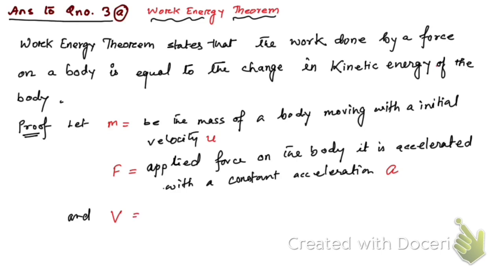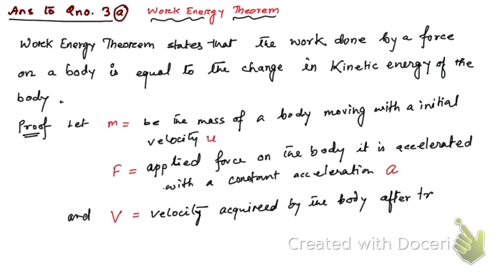So v is equal to the velocity acquired by the body after traveling a distance s along a straight line.